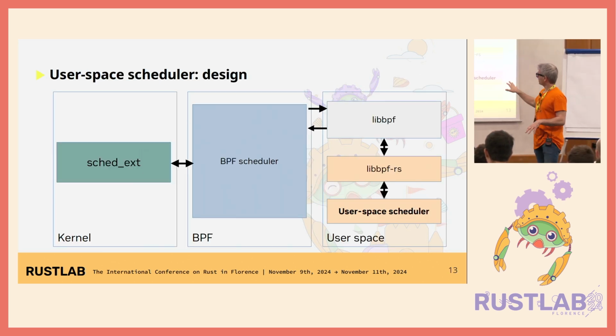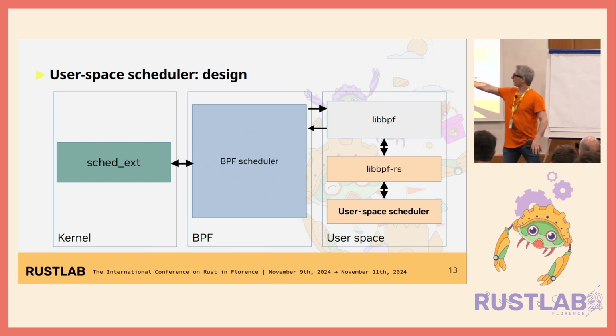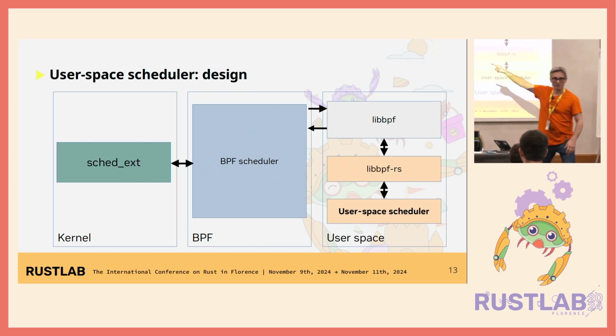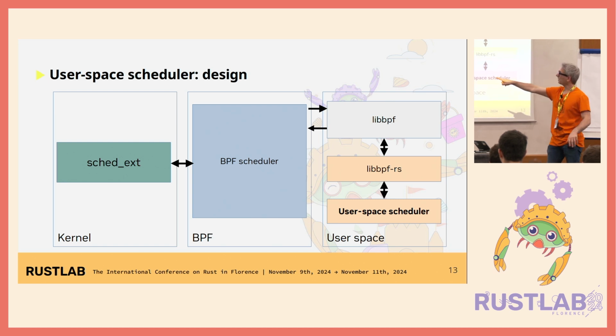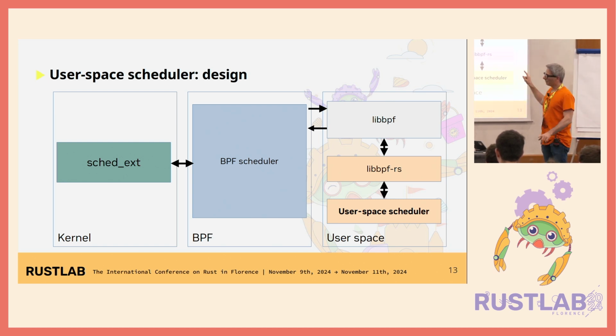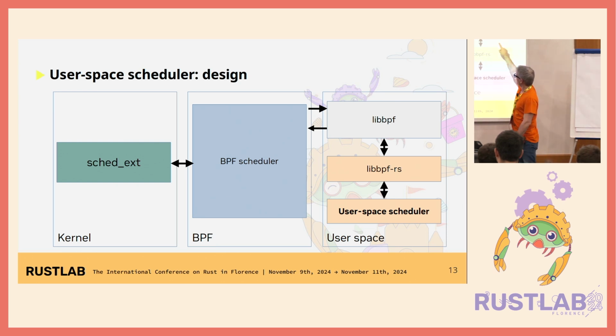So this is the design. This part is the same as before, right? There's the sched-ext in-kernel subsystem, the BPF scheduler. And at the moment, it's implemented using libBPF. libBPF RS is just a binding from Rust to BPF.